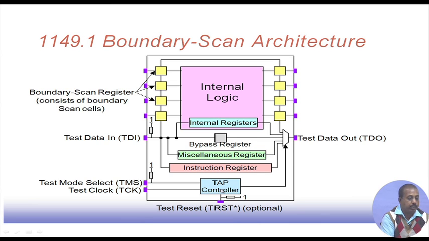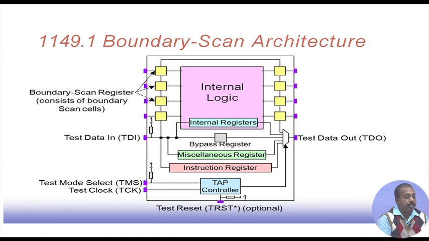So, that will tell the TAP controller what to do. And then there is a test clock. That is the clock at which this whole testing process will operate, and there is an optional reset signal. This test reset signal is optional. If you make this high, then the entire operation will be reset. We will see what is the meaning of this reset.